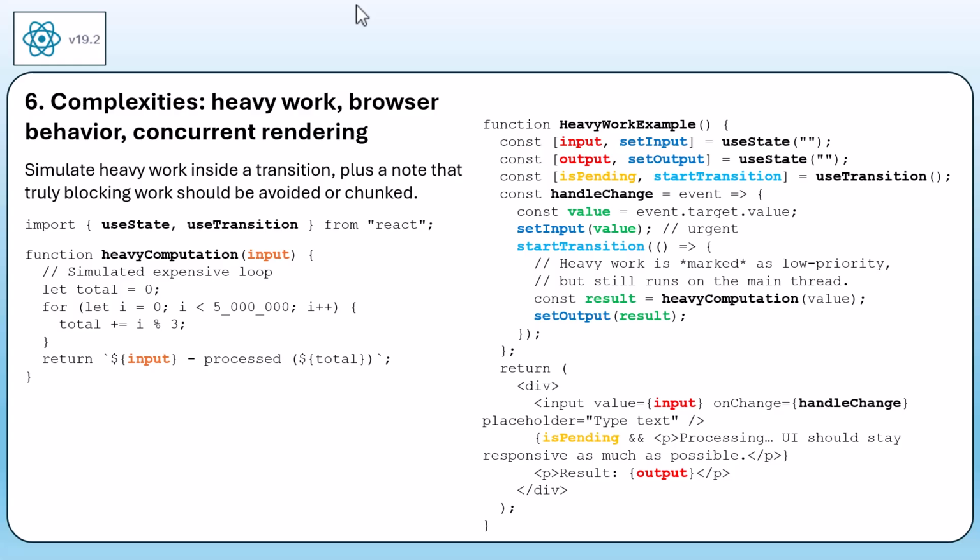Transitions let React yield to other updates, but you still must avoid executing absolutely synchronous blocking operations in the transition. There's also the matter of using the pending flag correctly and providing proper visual feedback, else the user may feel lost. Some large operations may still end up blocking if not broken down or scheduled appropriately.